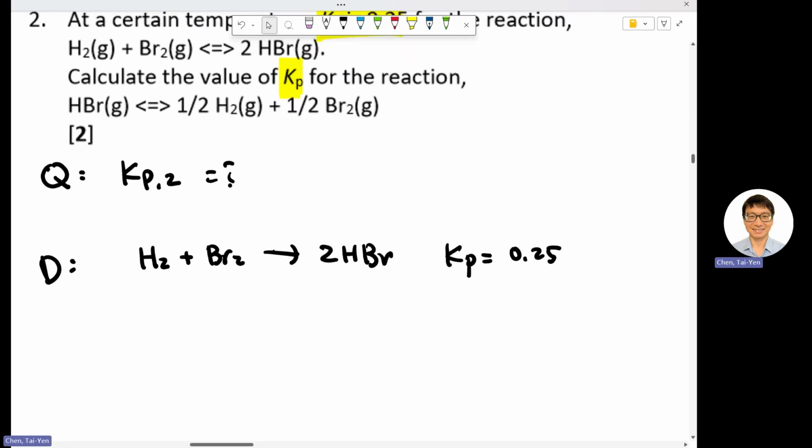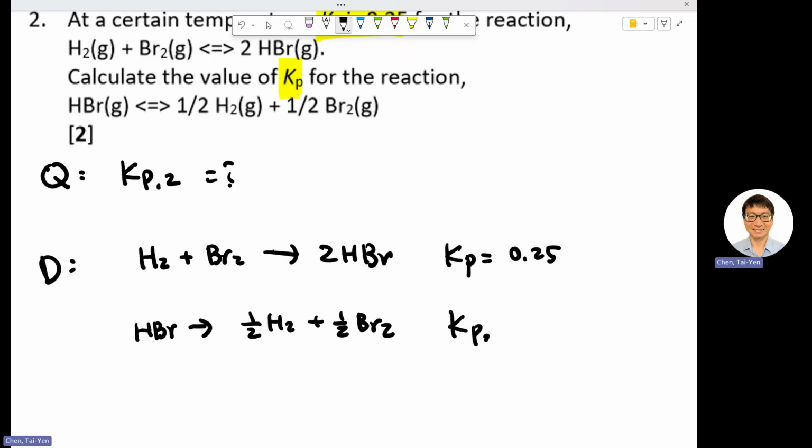And right now you have HBr becoming half H2 plus half Br2, and the Kp2 is going to equal what? This is how you translate the questions into equations.